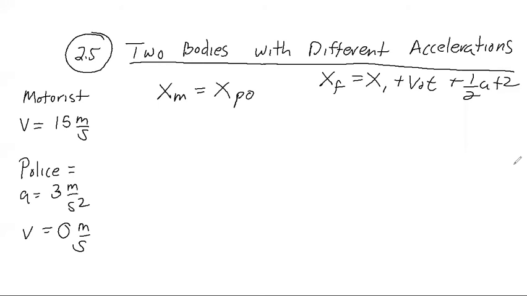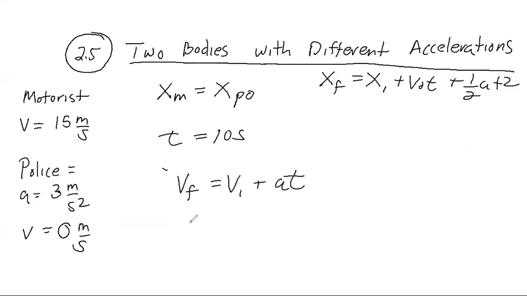Challenge B asks us to find the magnitude of the officer's X velocity at the time T that we found in part A. So we know that T equals 10 seconds. So we have our velocity expression: V final equals V initial plus acceleration times time.